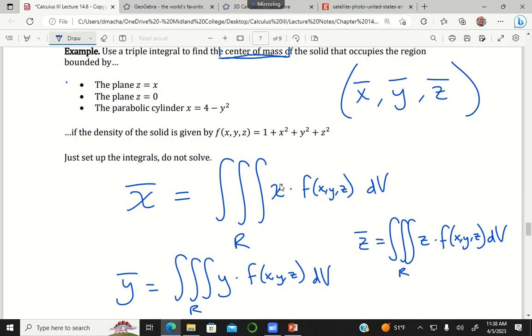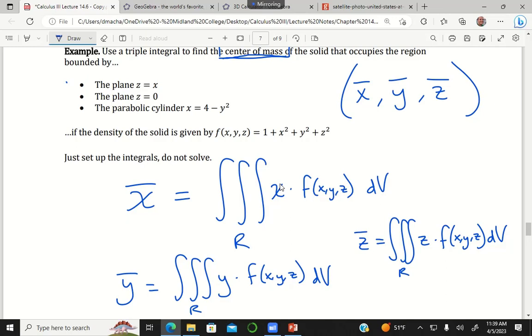So x bar is the triple integral. Here you would have to find the lower bound and the upper bound that describes your solid in 3D space. And the integrand is going to be your density function. F is the function that describes the density of the solid. But then I'm also going to multiply by an extra little x as a factor.